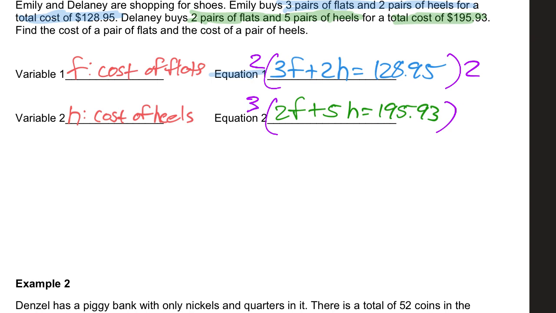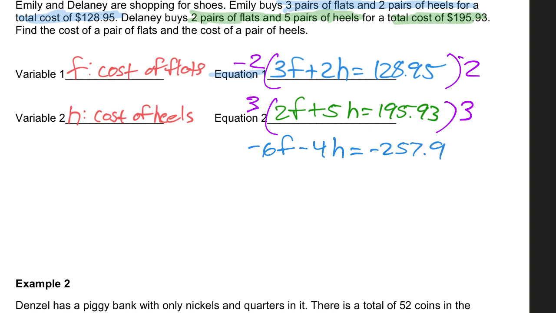Now the problem here, because when I do this, 2 times 3 will give me 6. They're both positive. That's my problem. So I need one of them to be negative. So I'm going to go ahead and just make one of these a negative. I just so happen to do the top equation. Now I'm going to rewrite these with my distributive property and see what we get. So the first equation, when I distribute that -2, I get negative 6f minus 4h equals negative 257.9.